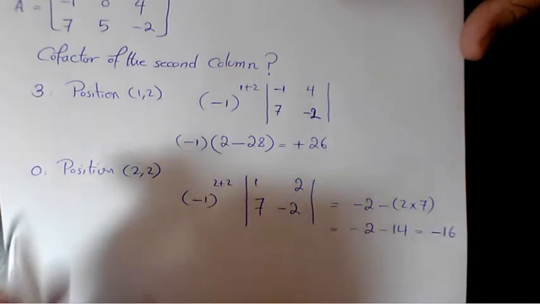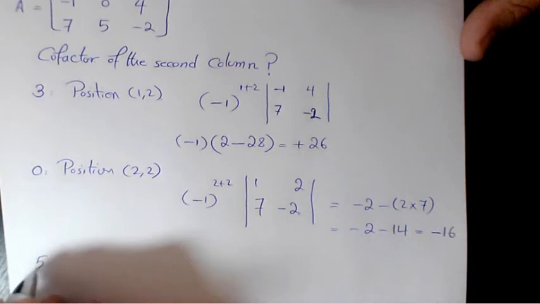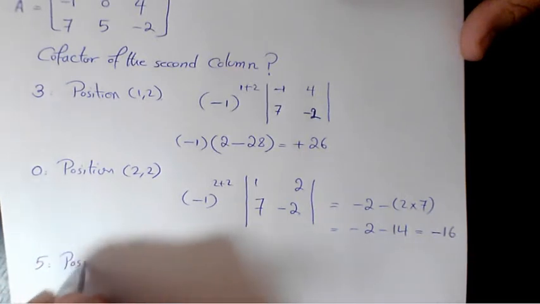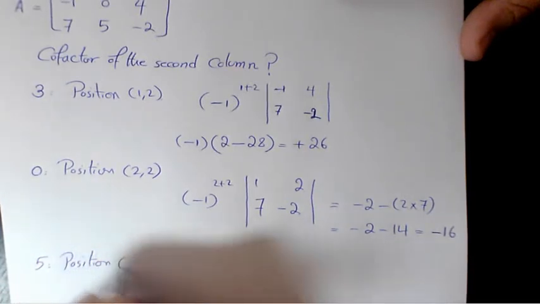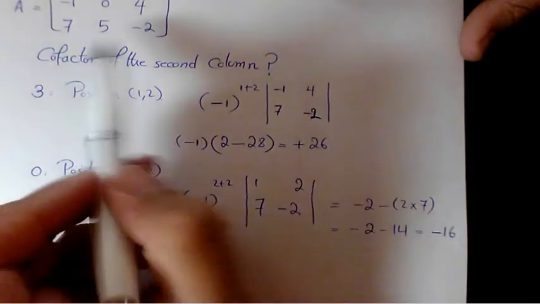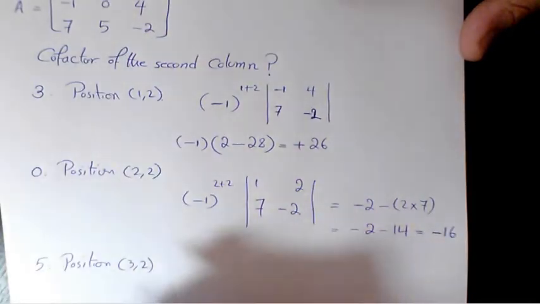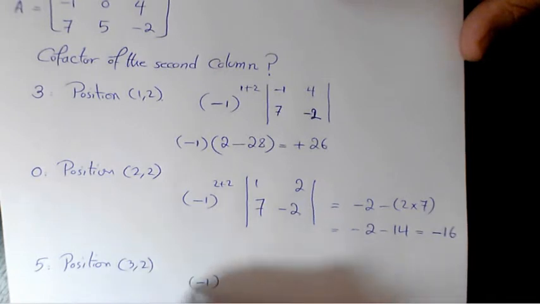Then next one is element number 5. Position is 3 and 2, third row and second column, so it's going to be negative 1 to the power of 3 plus 2.